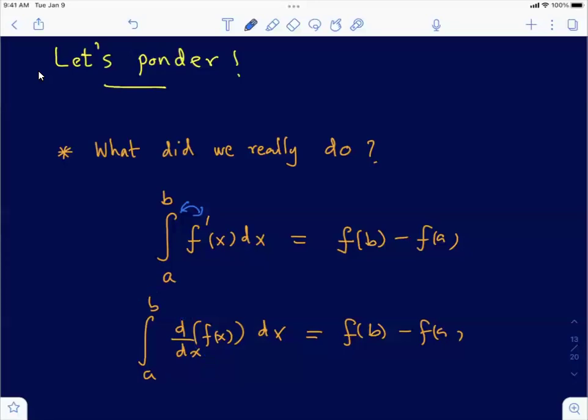But there is an underlying condition that you need to pay attention to. You're on a certain playground, that is exactly the interval. So it's not just f of x, it is f of b minus f of a.